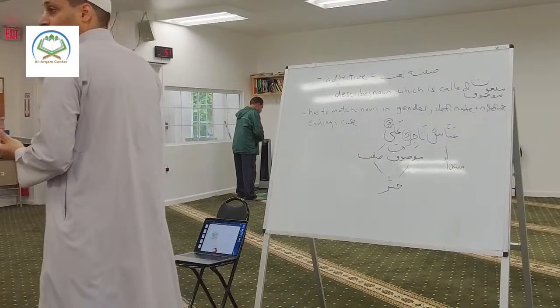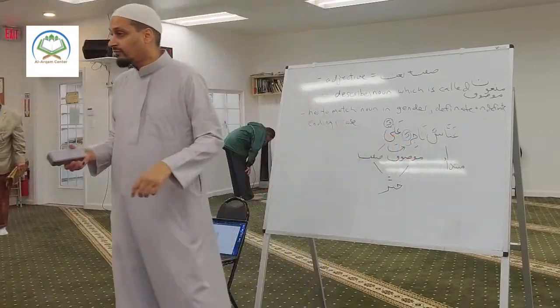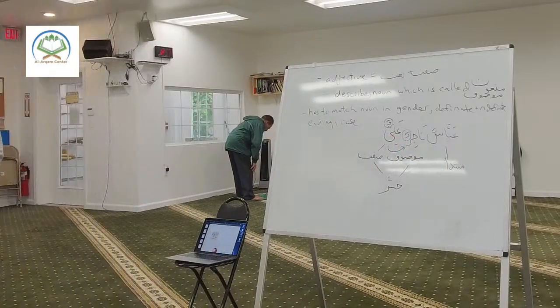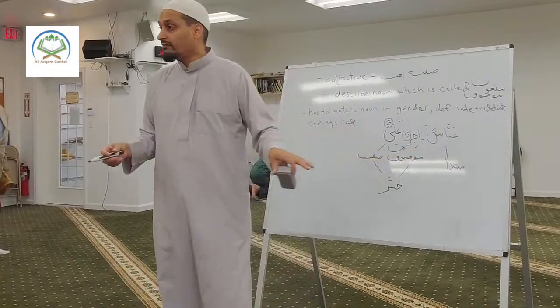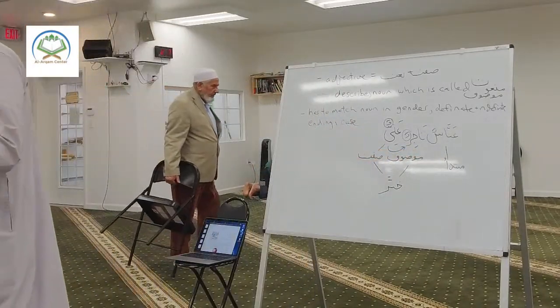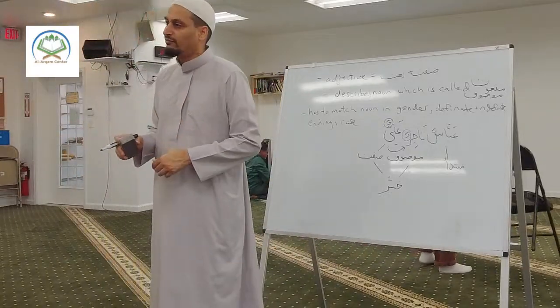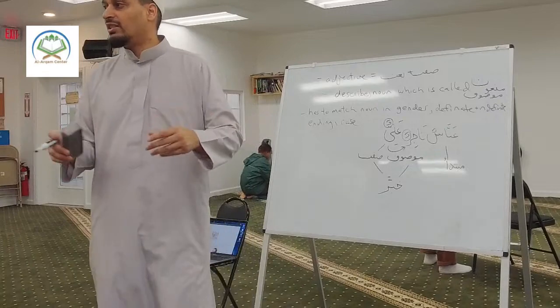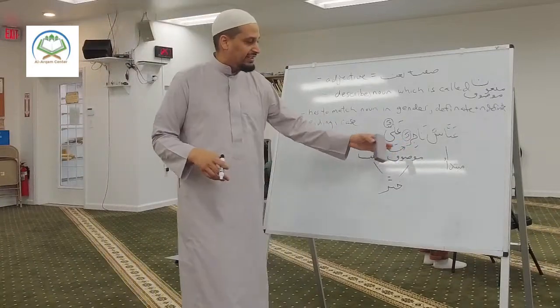The noun over here is indefinite. What about Abbas? That's definite. So the mubtada always is going to be definite. The khabar, sometimes definite, sometimes indefinite. In this instance, it is indefinite.